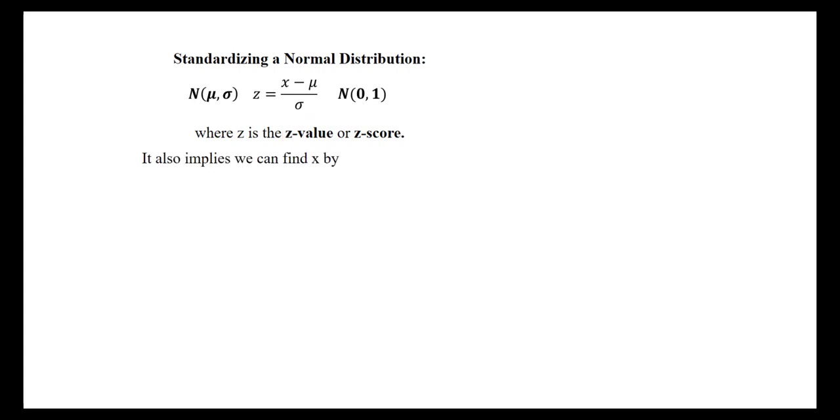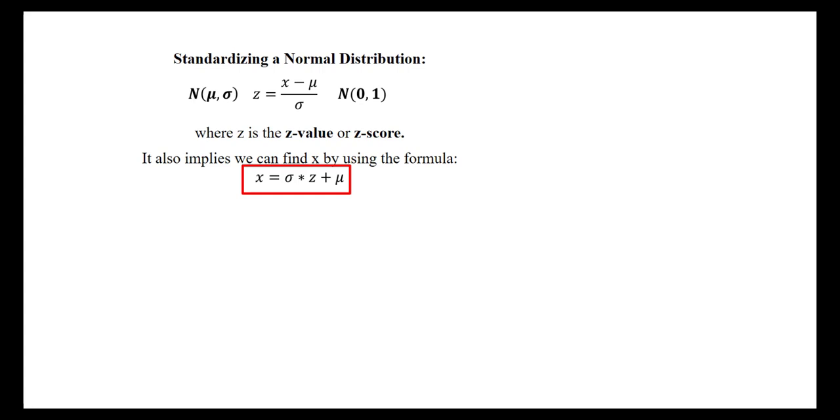It also implies that we can find our x from the formula we have above. If we multiply both sides by sigma and add mu to both sides, we can compute x using the formula x = sigma z plus mu.